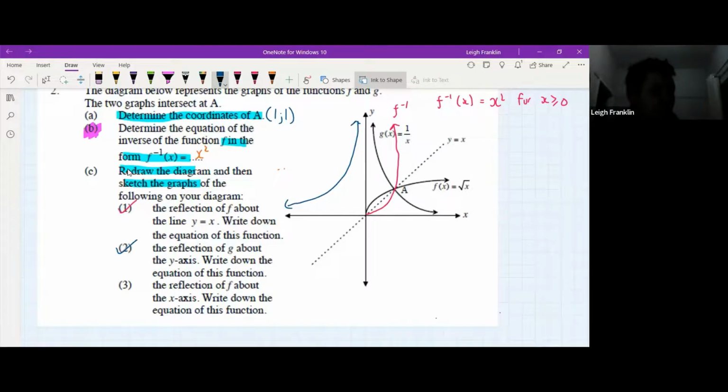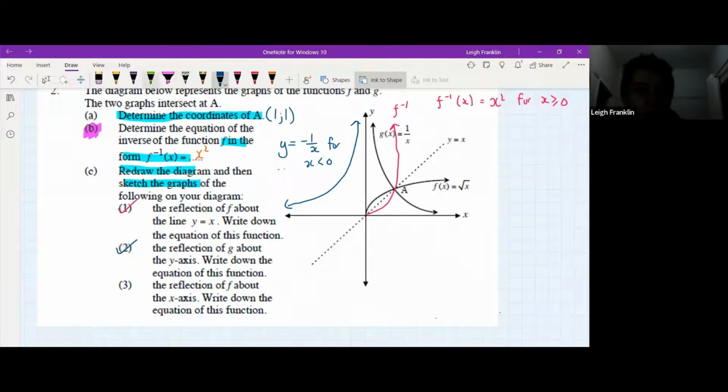If it's been reflected over the y-axis, it'll still be a function, y equals minus 1 over x, because x has changed sign. This is going to be for where x is smaller than 0. Remember, it can't touch the y-axis because that is an asymptote. That would be the equation of that function.